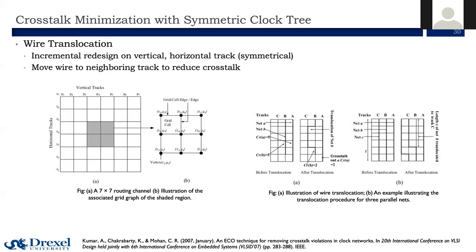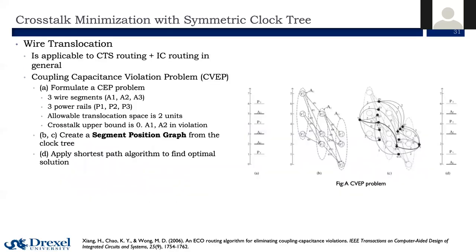Here we incrementally shift vertical and horizontal tracks to neighboring available tracks to reduce crosstalk. Translocation is a generalized algorithm that is useful for both CTS and routing, and we can see an example of wire translocation in play over here.